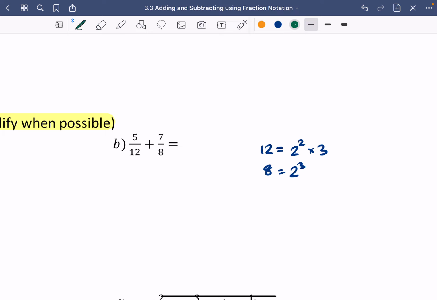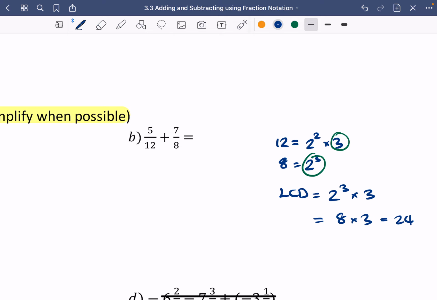So now the lowest common multiple between 12 and 8, let's just use lowest common denominator, between 8 and 12 is 2 cubed times by 3. So that's 8 times by 3, which is 24.